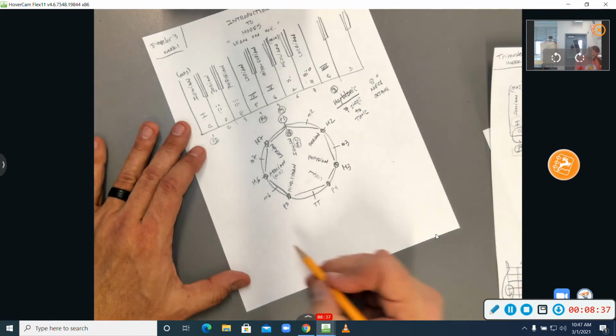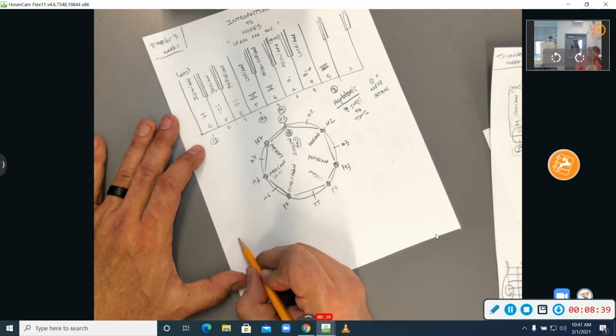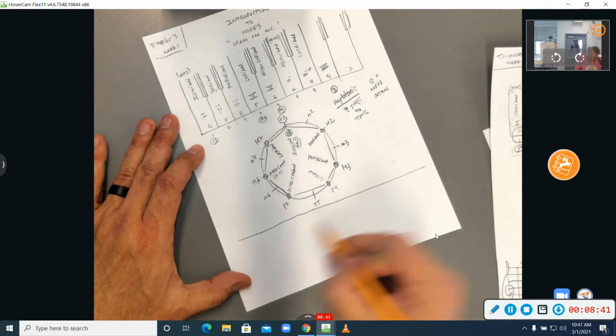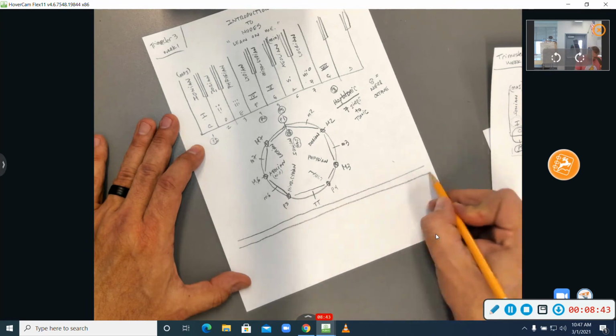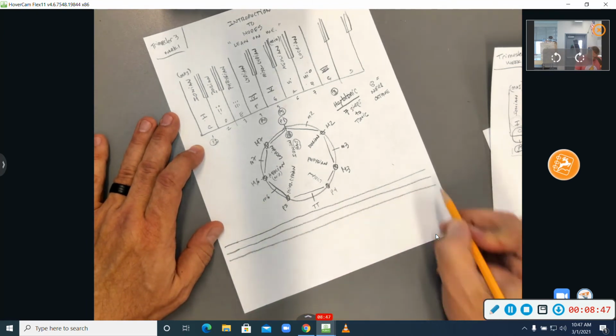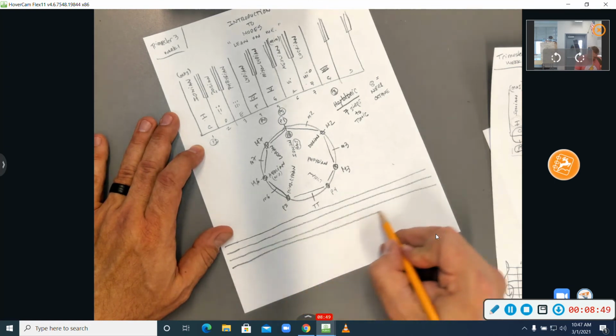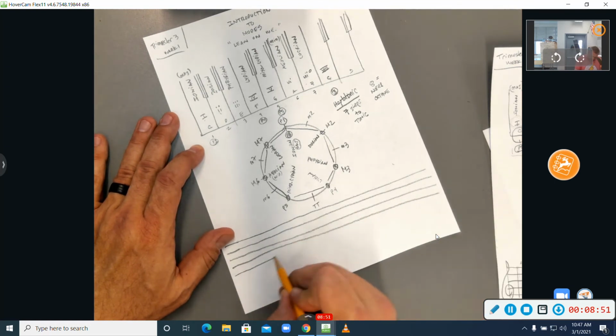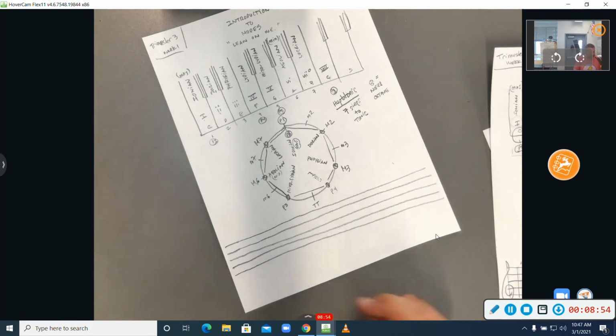And then last, we're going to draw a staff. 1, 2, 3, 4, 5.